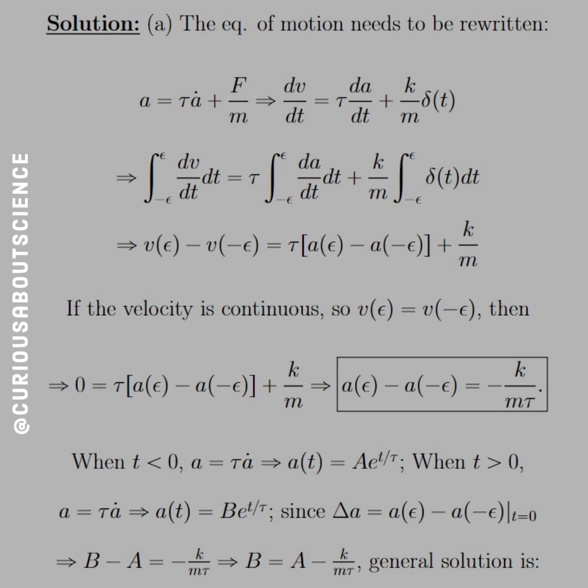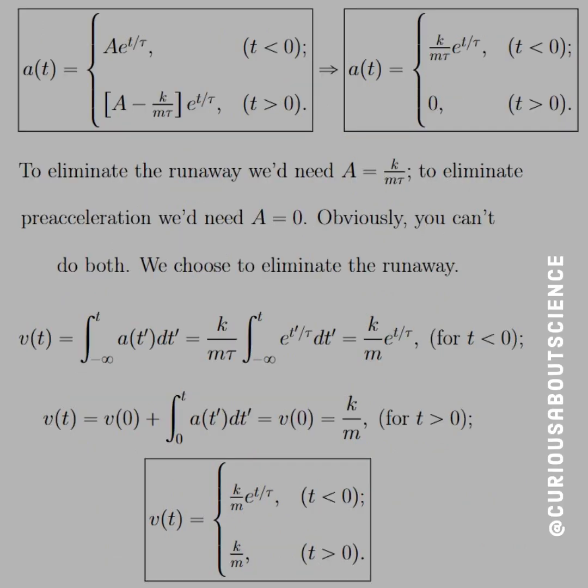And so our general solution looks like such, where for t less than 0, we have A e to the t over tau. And then for t greater than 0, the acceleration is A minus k over m tau, bracket, all times e to the t over tau.